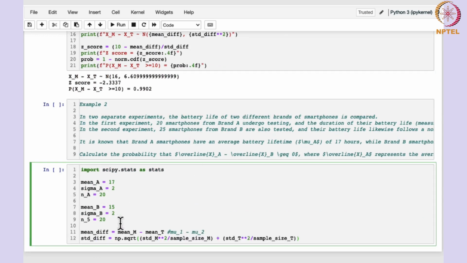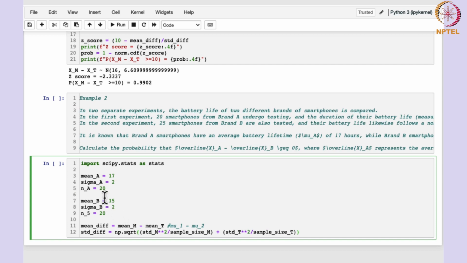We can edit it. So the mean difference would be mean A minus mean B. And the standard deviation, this would be NP dot square root of this, or maybe if you just want the variance, you can directly find variance, and here you do not have to calculate this square root.